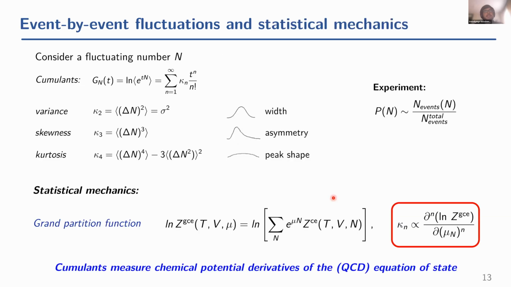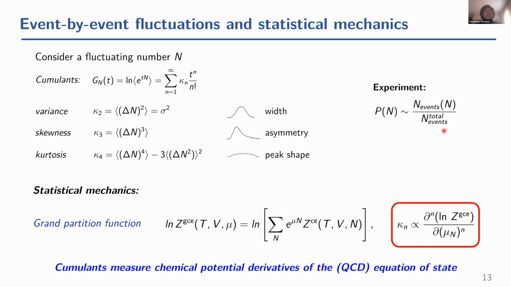However, what we can do instead is measure fluctuations directly. We can measure distributions of the numbers of particles emerging from heavy ion collisions by simply counting events with a fixed number of, let's say, some particle number, it doesn't matter which one at this point, and taking the ratio to the total number of events. This gives you the probability distribution.